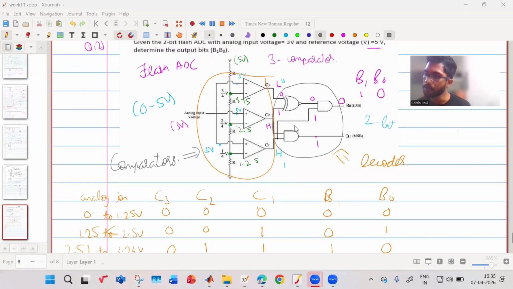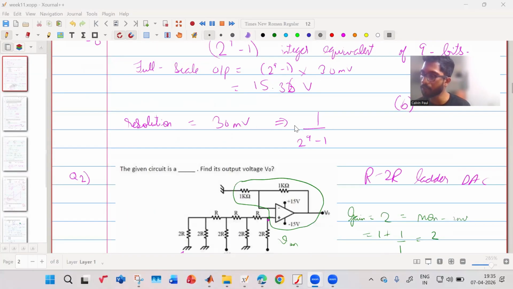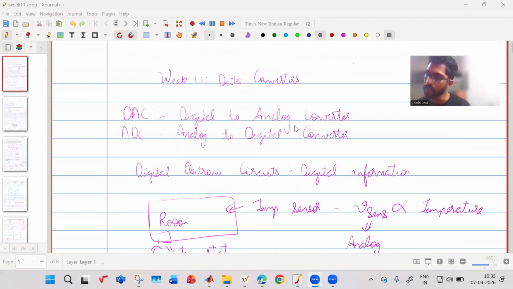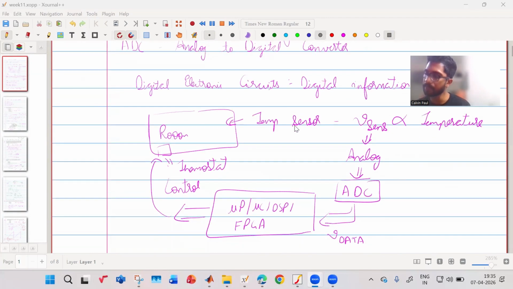Okay. So this is regarding the Flash ADC. In the session, we discussed what data converters are: ADC, analog to digital, and DAC, digital to analog. A real world example we also checked: if you want to control the temperature of a room, you need a sensor, and the sensor is analog.